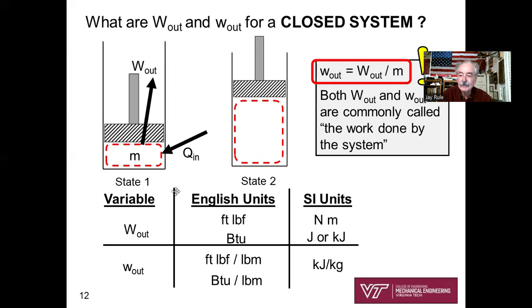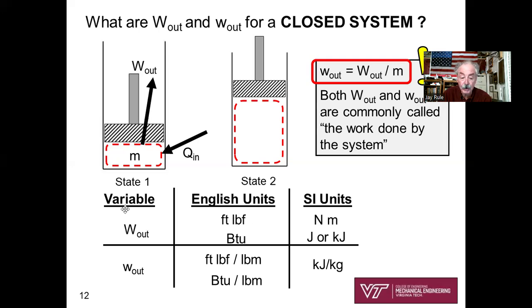So let's look at the units associated with work out, capital W out, and little w out. First, capital W out in English units: you might work in units of foot-pounds force, a force through a distance, or BTUs, British thermal units.